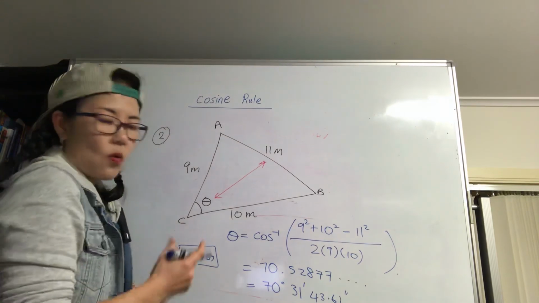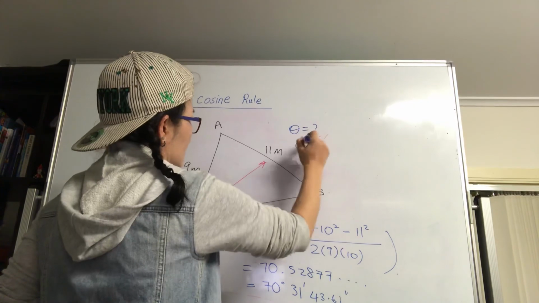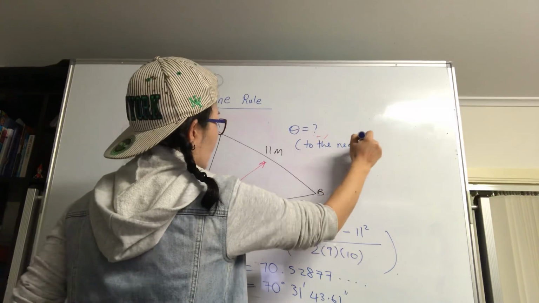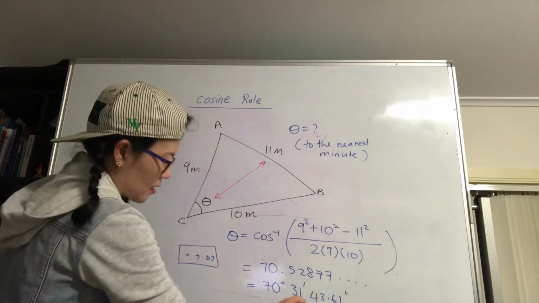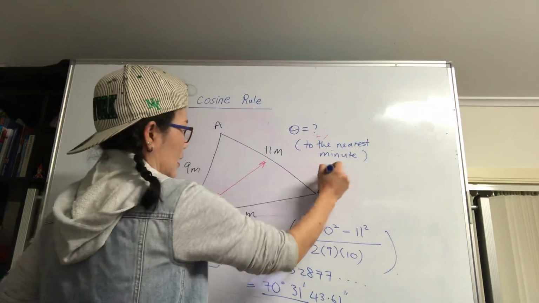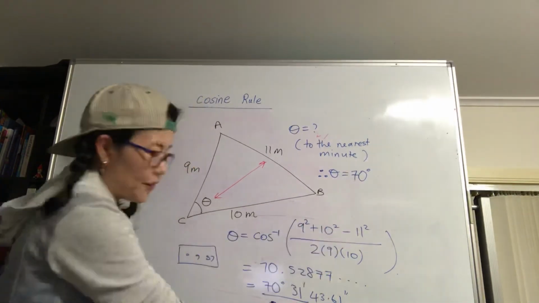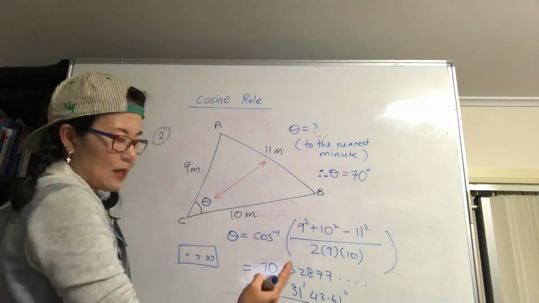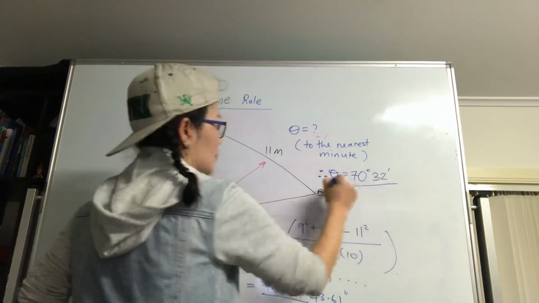I want theta to the nearest minute, so I'm going to cut it off up to here. My theta equals 70 degrees. It's not 31 minutes, because 43.61 seconds is more than half, so I'm going to have to put 32 minutes.